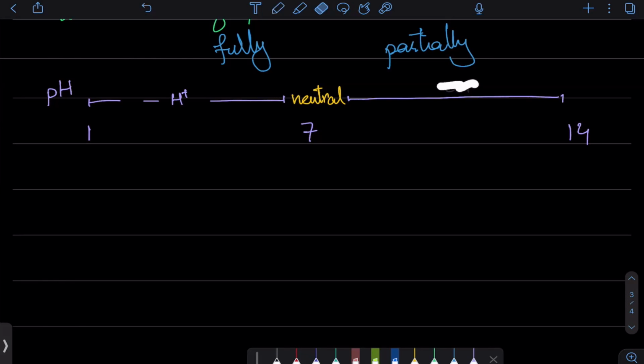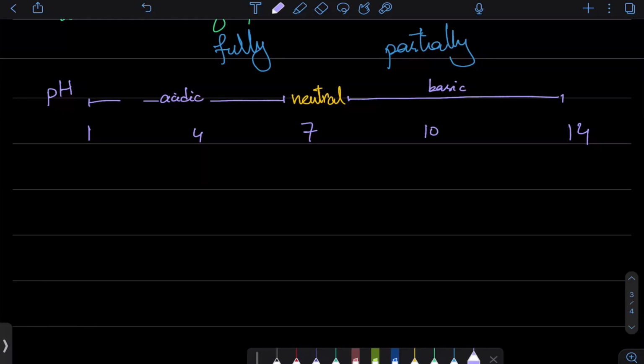And we have a word for it. Anything that gives OH minus, we call it alkaline or basic. And anything that gives H positive, we call it acidic. So there you go. We have defined the region. But then how much? That is called weak or strong.